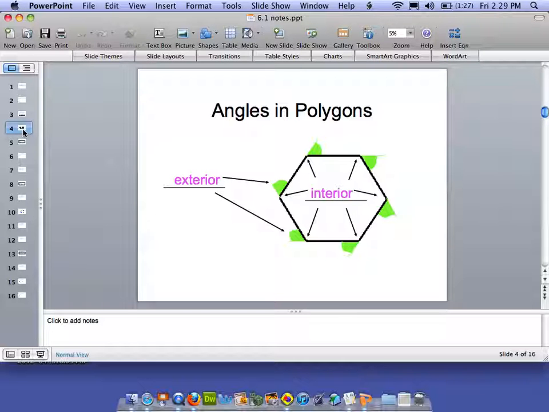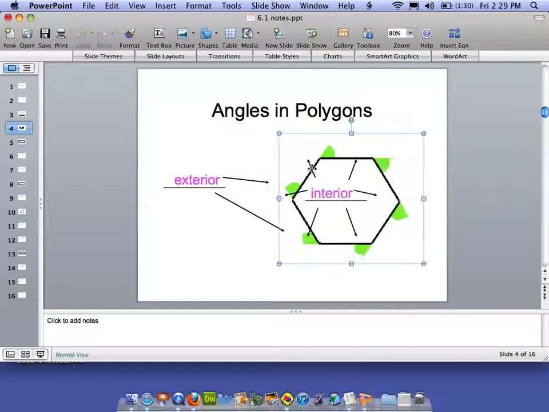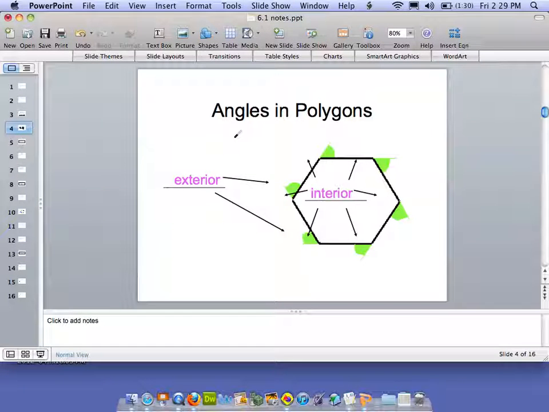Okay, then remember we talked about the fact that we have interior angles and exterior angles. Our interior angles are the angles that are on the inside at each vertex. So these are our interior angles. And at every vertex you can draw 2 exterior angles. We're just going to consider 1 at each vertex.